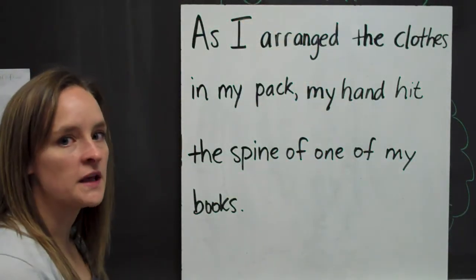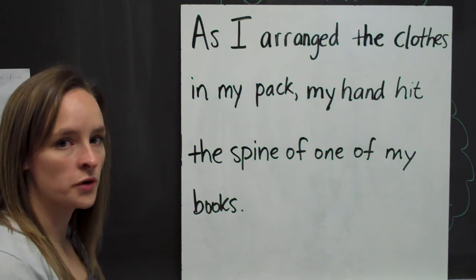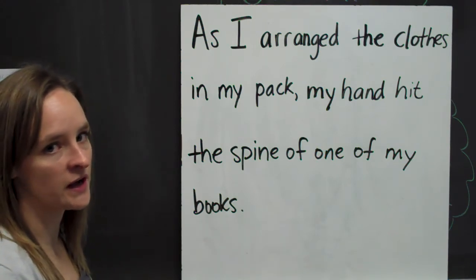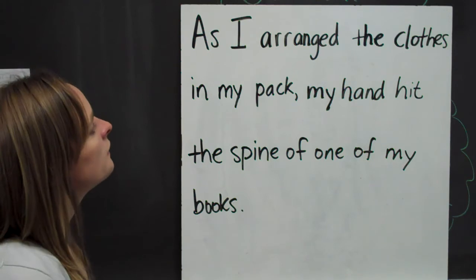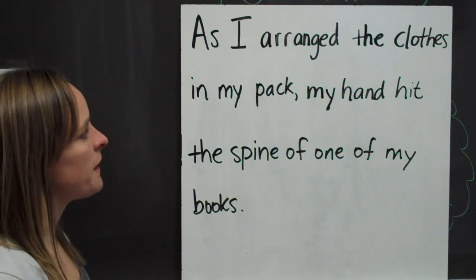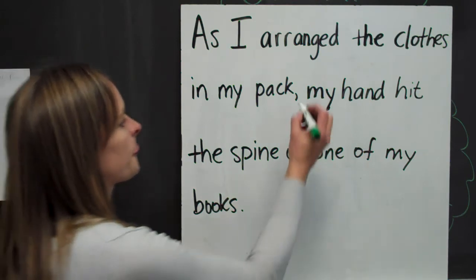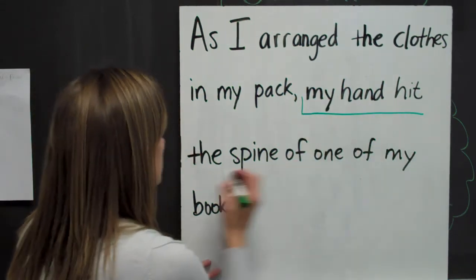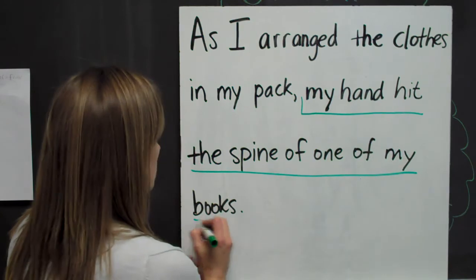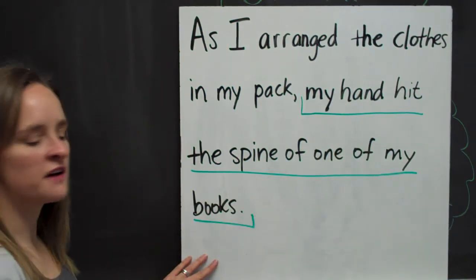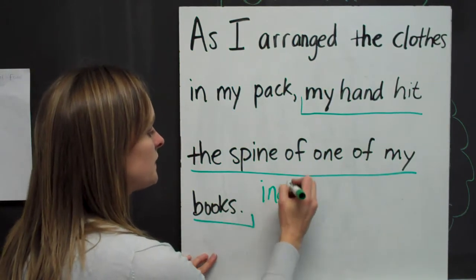Your job this week is to be able to identify a subordinate clause and an independent clause in a sentence. As I arranged the clothes in my pack, my hand hit the spine of one of my books. My hand hit the spine of one of my books. That's independent.